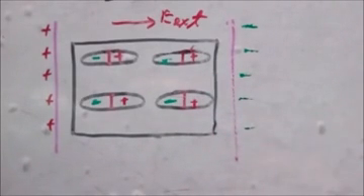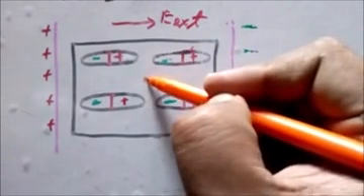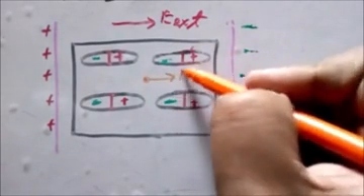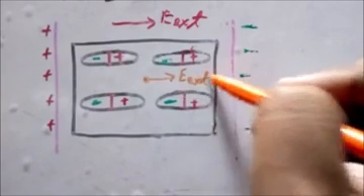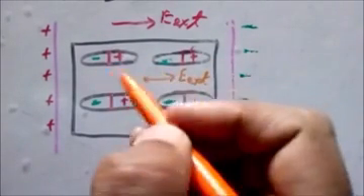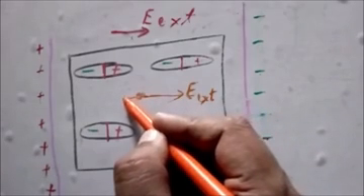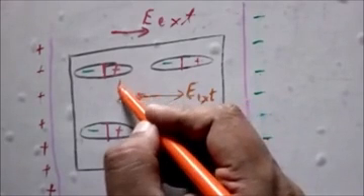Now let's see what will be the electric field inside. See at this point what will be the electric field? You see this electric field due to the positive charge here, the external electric field. And this side you have the internal electric field. The internal electric field will be in this direction. It will be slightly less than the external electric field.